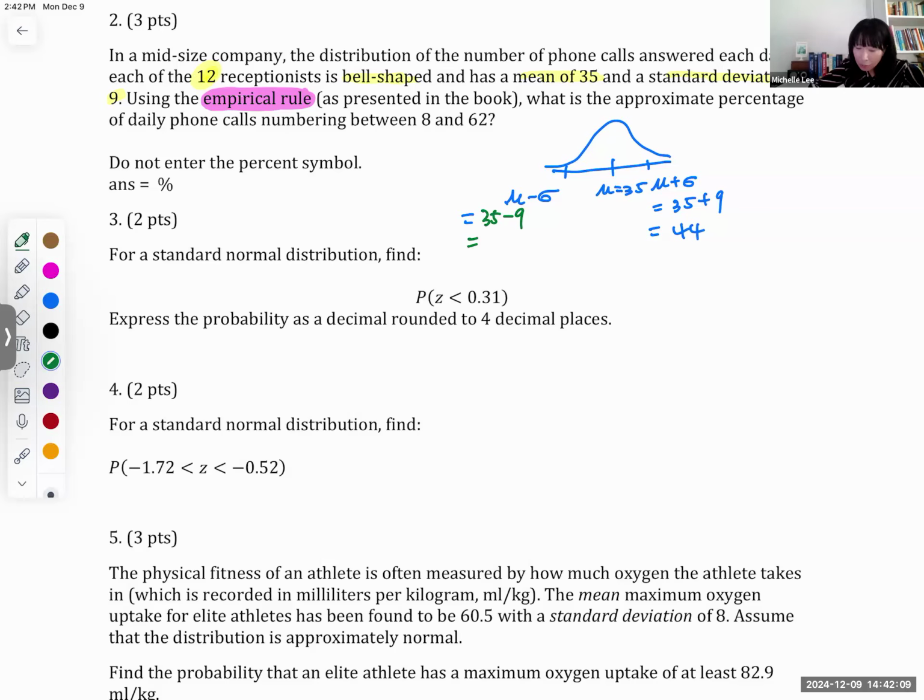Thank you. All right, now we have mu plus 2 times sigma. So 35 plus 2 times sigma, which is 9. Can you please calculate? 53. Thank you.